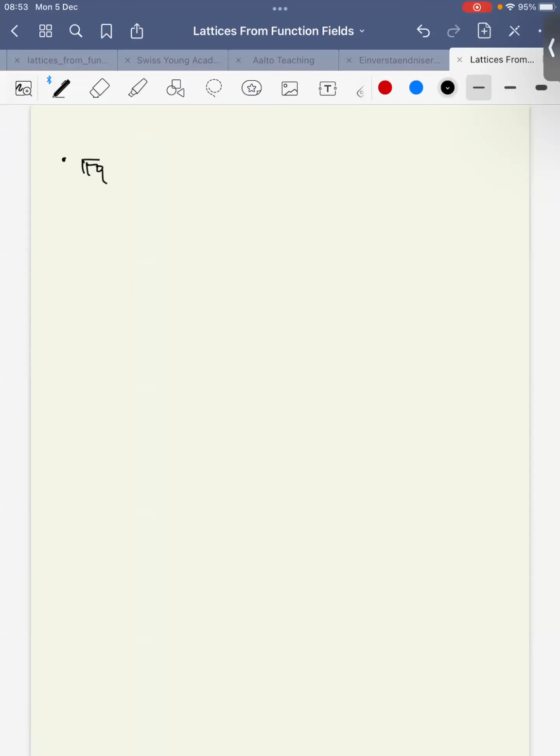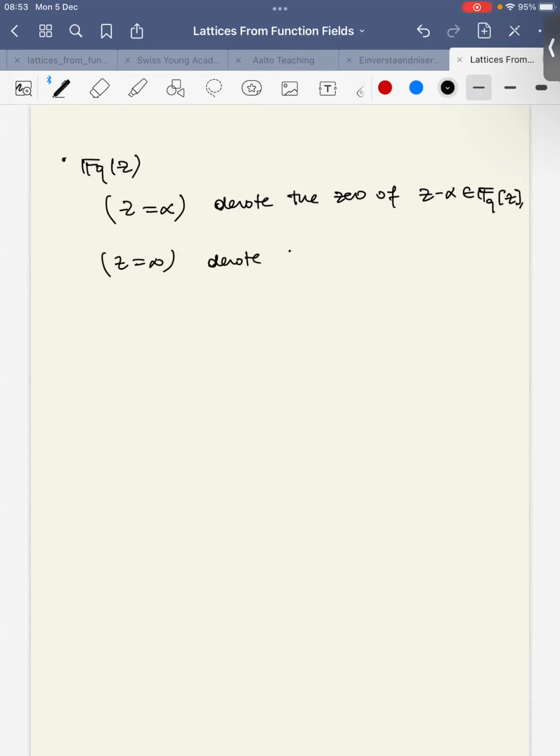We know that in the rational function field, we have the full characterization of the places. In particular, for the notation, whenever I use z equal to alpha, what I mean is the place which is the zero of the linear polynomial z minus alpha. And by z equal to infinity, what I mean is the pole of z.